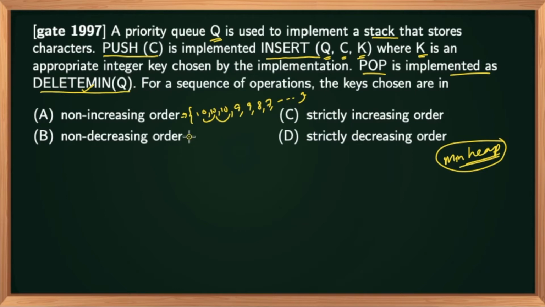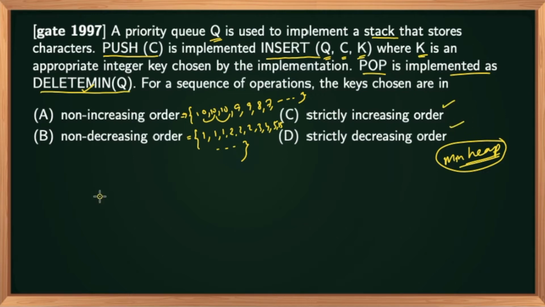Similarly, non-decreasing means, for example, you can have 1, 1, 1, 2, 2, 2, then 3, then 4, then 5, 5. So this is an example of non-decreasing order. I think we all know what strictly increasing and strictly decreasing are.